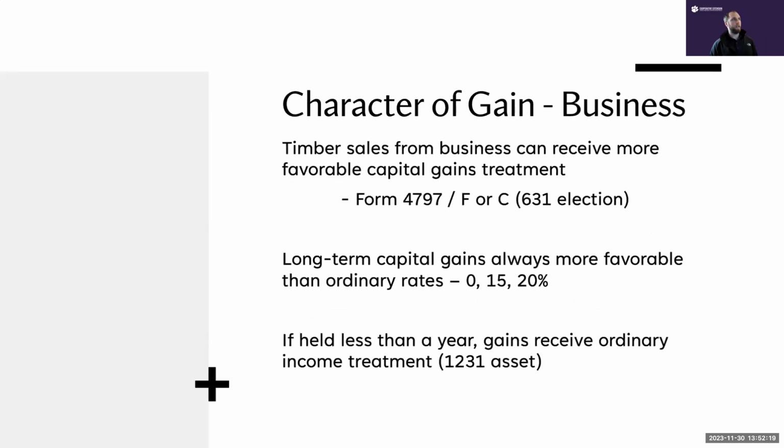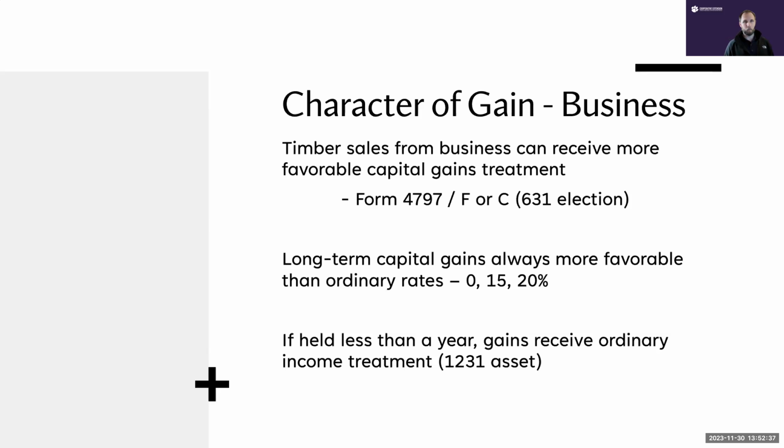On the business side, timber sales from business can receive more favorable capital gains treatment as well. They use a little bit different forms. It's a Form 4797, and most likely it's going to show up on the Schedule F or the Schedule C. But they can do that through a 631 election.